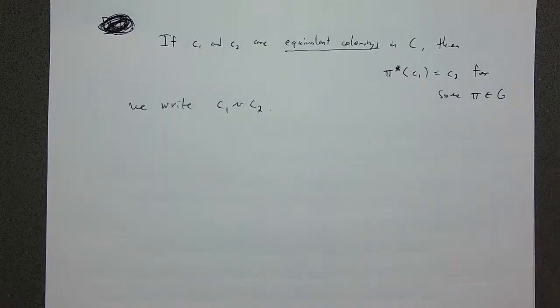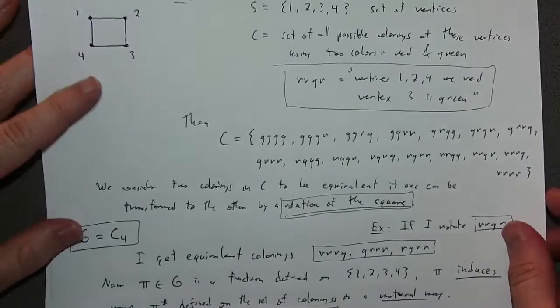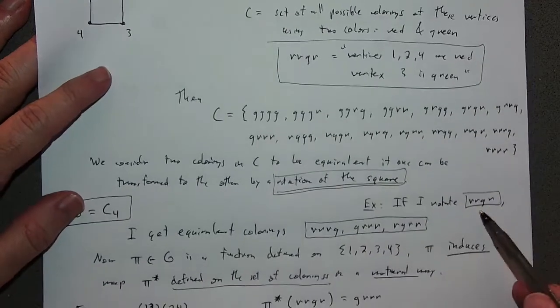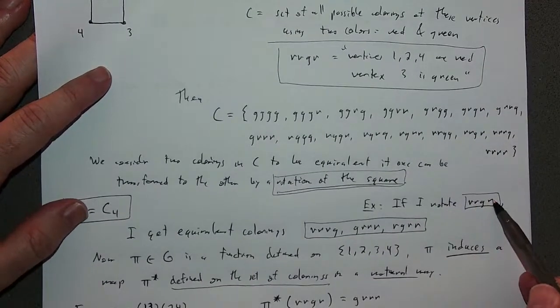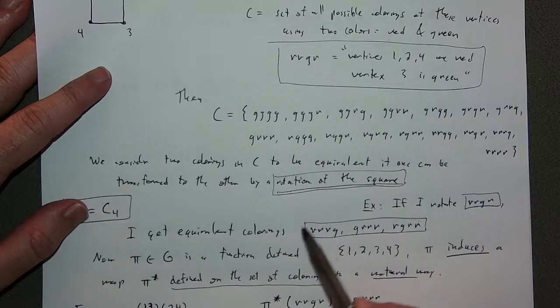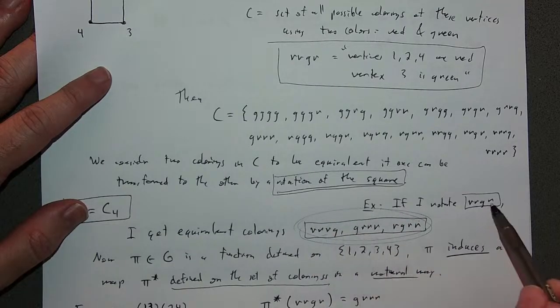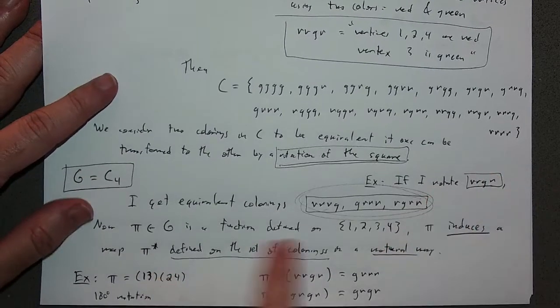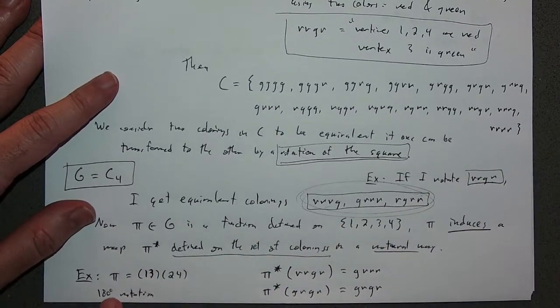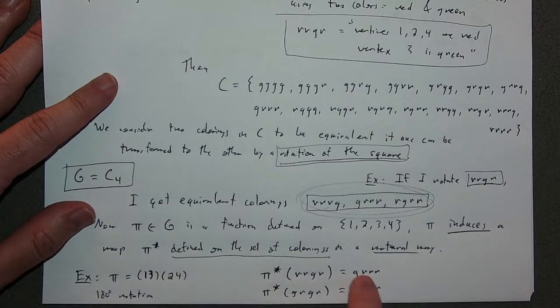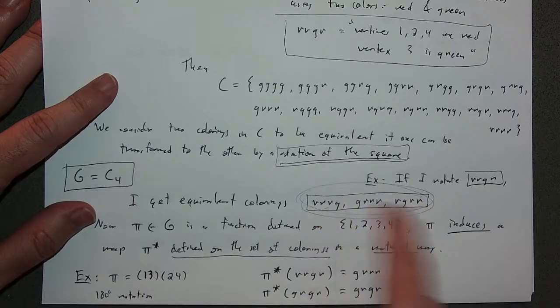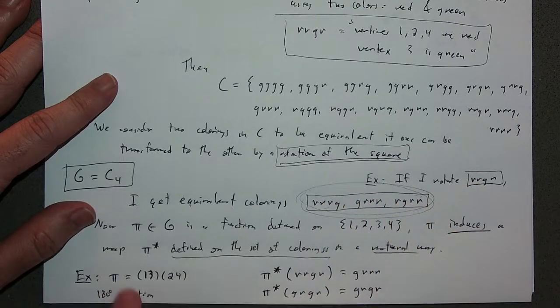So going back, we previously mentioned that for the coloring red, red, green, red, all of these were equivalent colorings because each of them corresponded to some rotation of this, right? So we picked a very specific rotation, the 180 degree rotation, and saw that, yeah, it's equivalent to green, red, red, red. If I had picked a different rotation, I would have gotten one of these other colorings that it's equivalent to. If I had picked the identity rotation, it would be equivalent to itself.